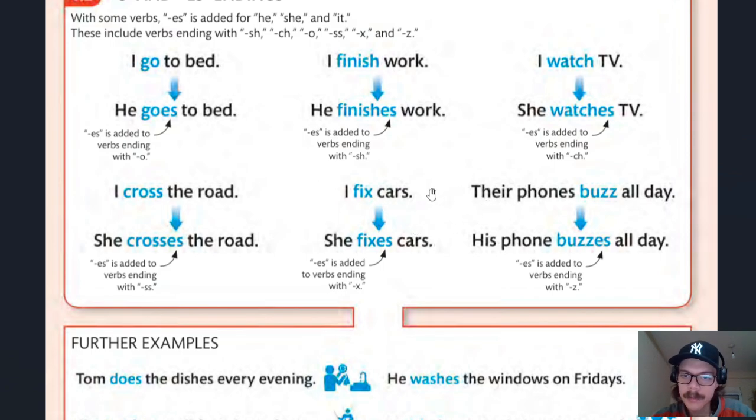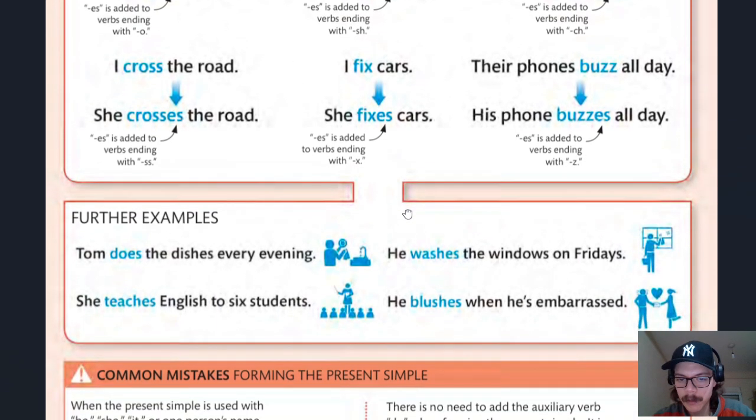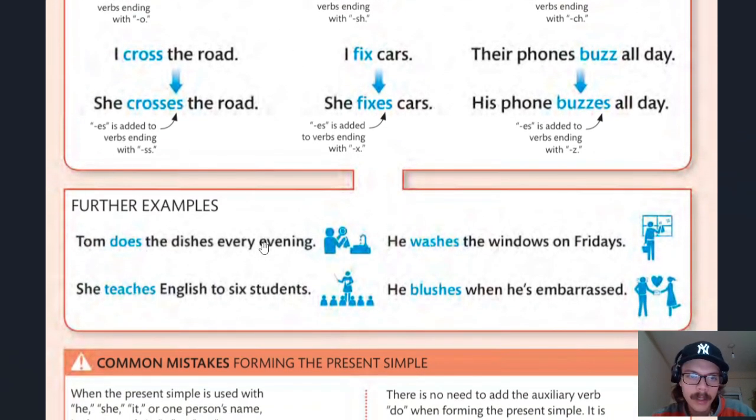Their is the same as they, and his is the same as he, which means the rules for the verbs are the same. Their, being third person and plural, is just going to have the verb in the base form. And his, being third person but singular, has the base verb with the S, or in this case, ES, because of the specific exception or rule that we are reviewing now. Okay, let's go ahead and read through these examples.